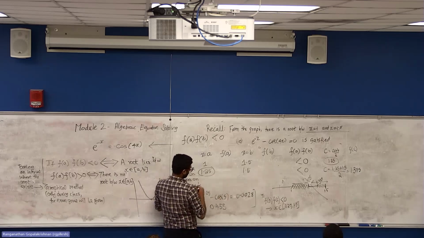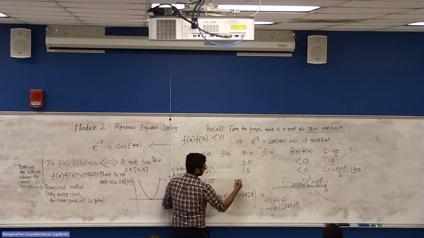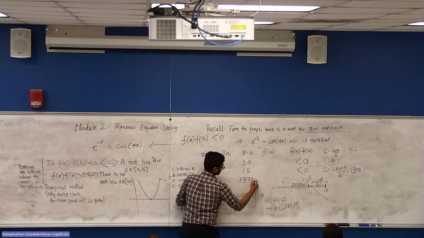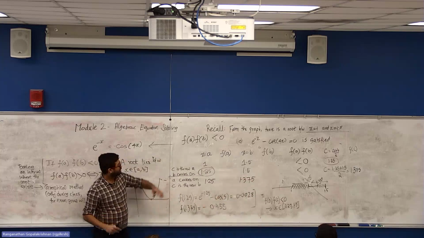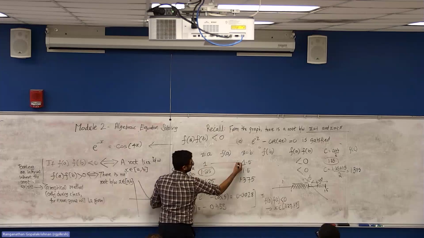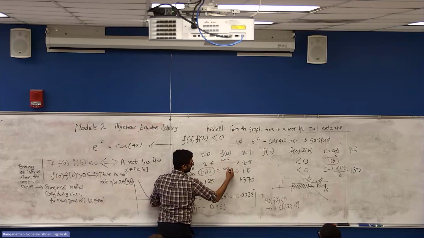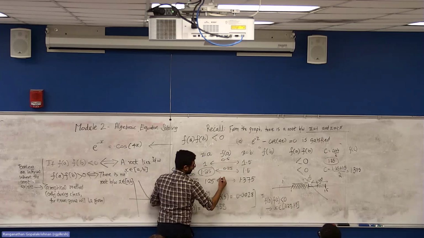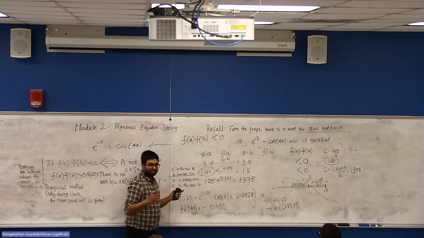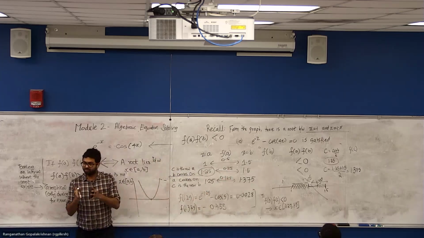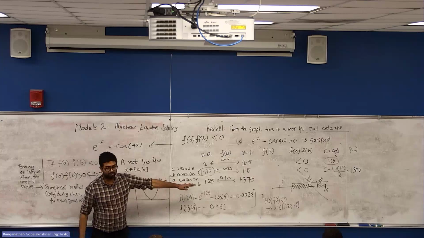Sorry, this is 1.25 and this is 1.375. So what's the width here? This width is 0.5. This width is 0.25. This width is 0.125. So you are closing the gap. So, closing the gap, what do you do next?